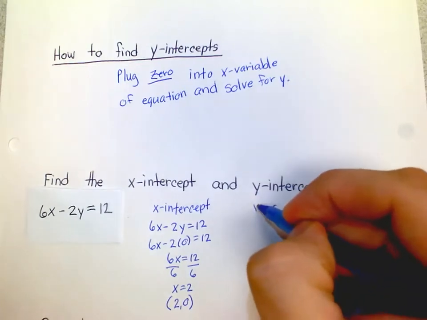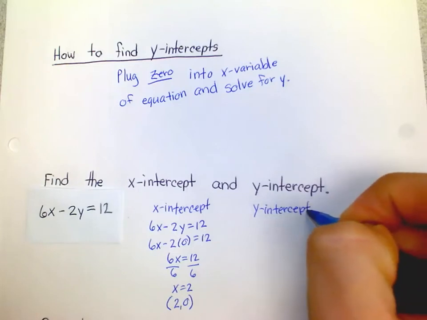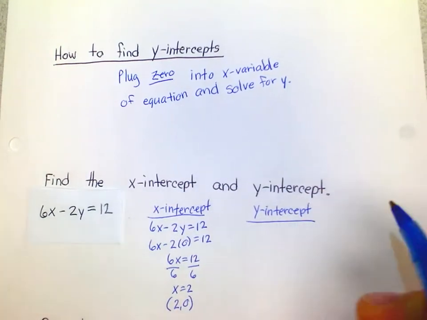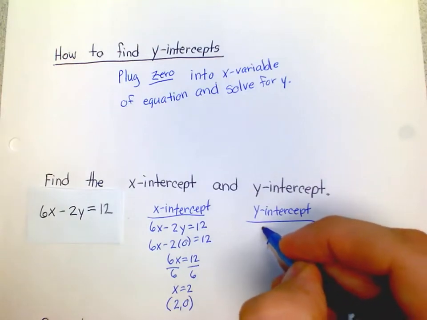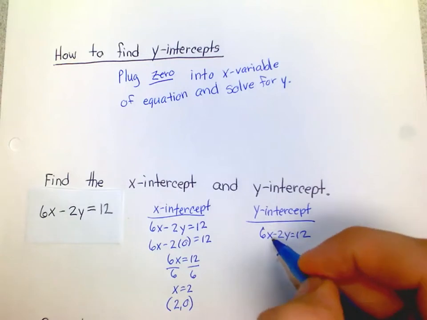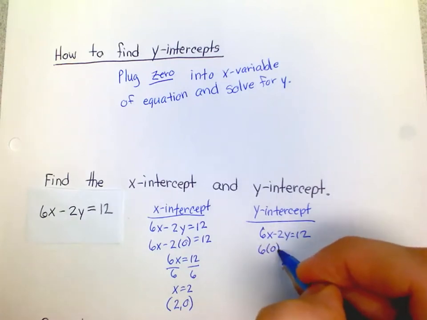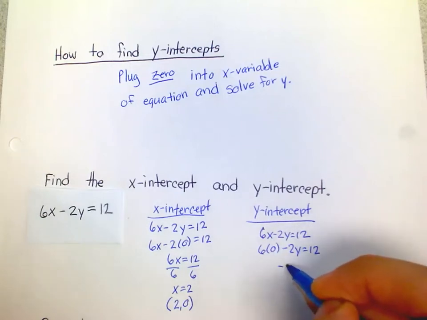Okay, for the y-intercept, let's underline these to keep our attention on what we're doing. Let's take our equation, 6x minus 2y equals 12. Let's plug 0 in for x this time and solve for y. This goes to 0, so it leaves us with negative 2y equals 12.